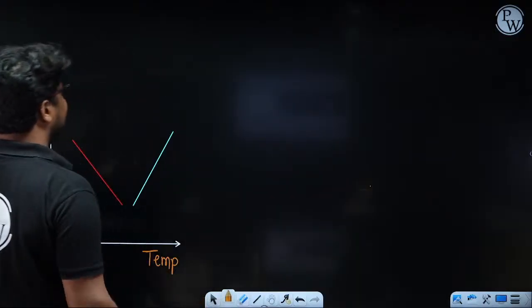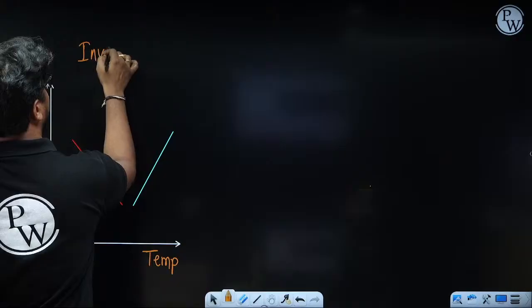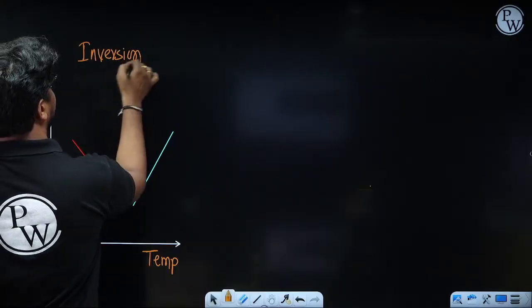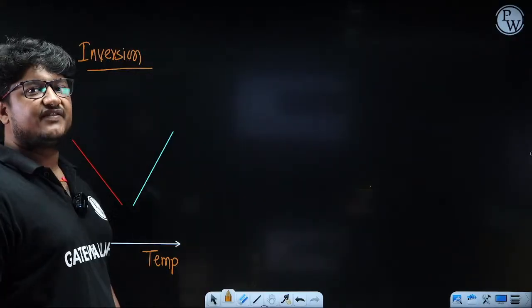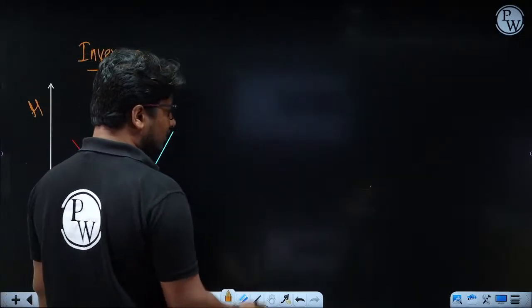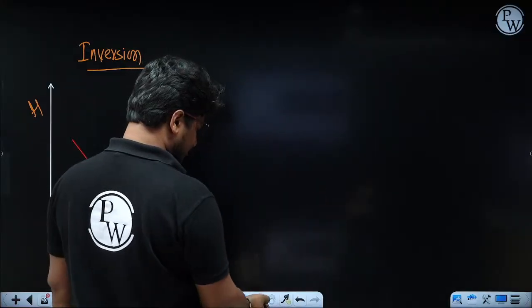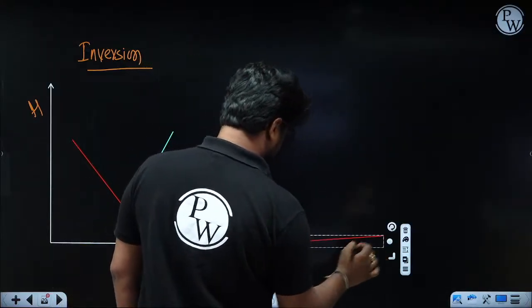So this is basically a negative ELR case. So it's an inversion case for you. As you all know, inversion case is very bad for pollutant dispersion and dilution. In the vertical direction there will be no dispersion and dilution.